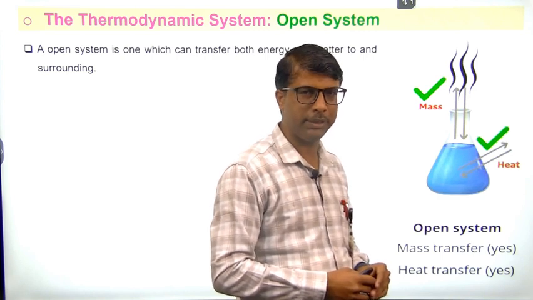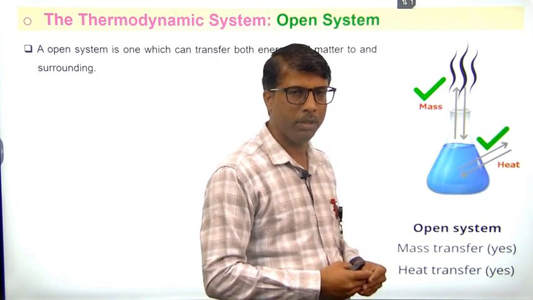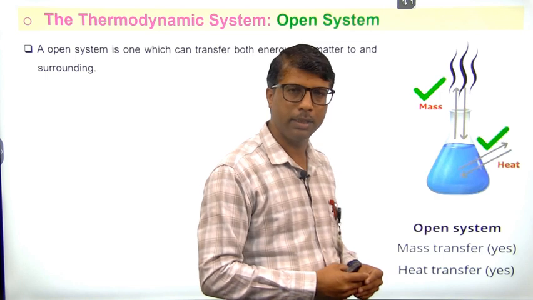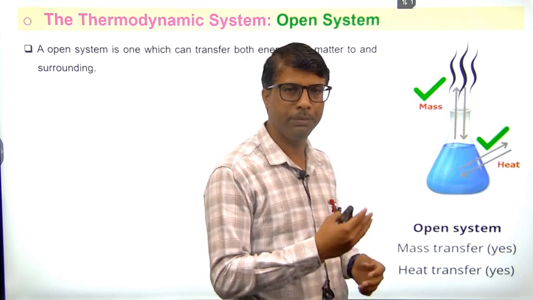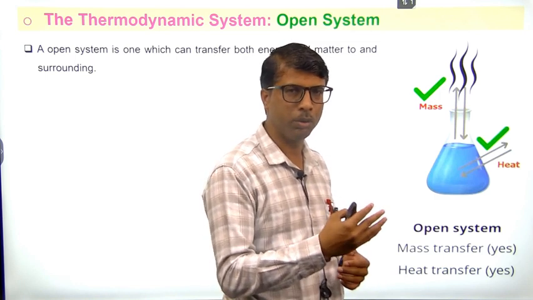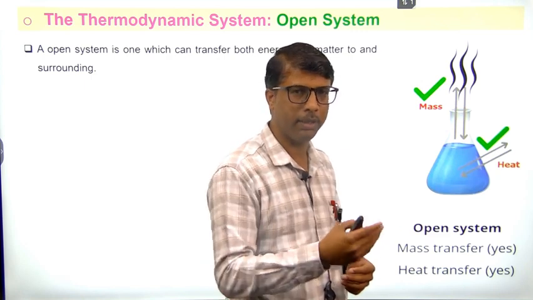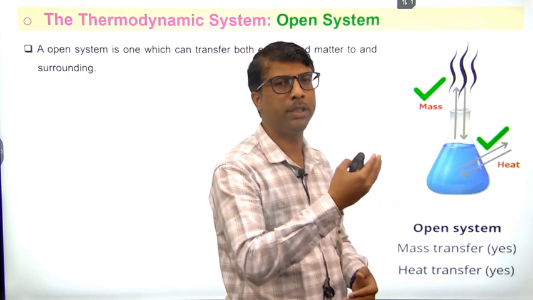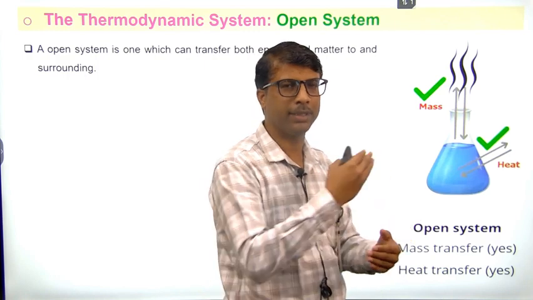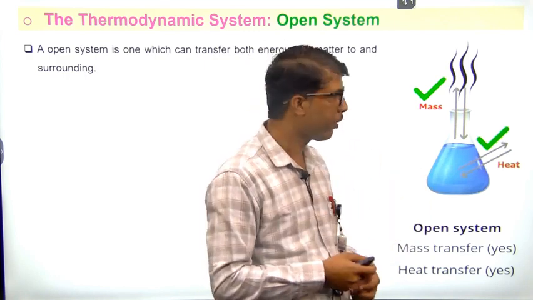This is one of the examples which reflects the transfer of both matter and energy to the surrounding, and we can also take it back from the surrounding to the system.